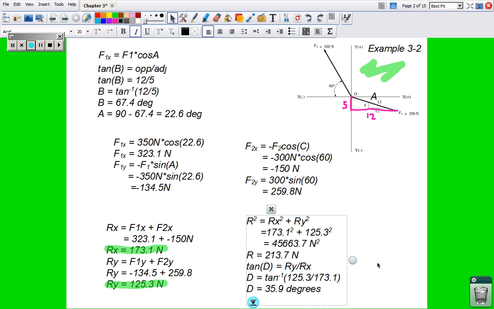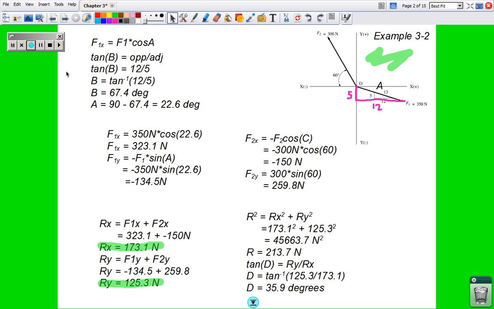Right? And that's our answer. So the answer we're looking for is, this is the magnitude of R. We have to have a direction to define it. Okay?